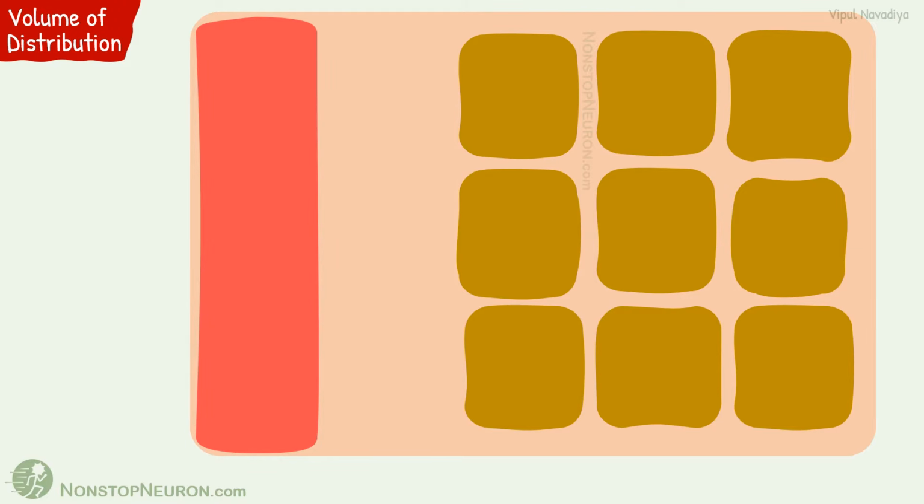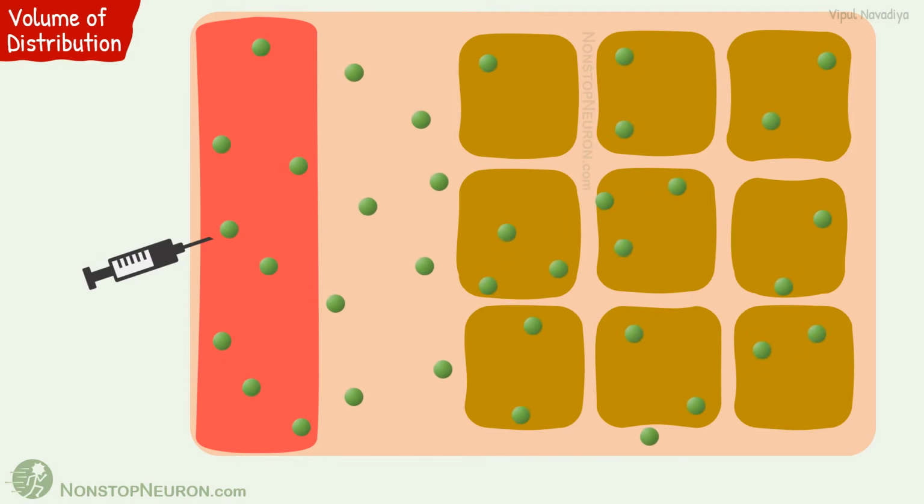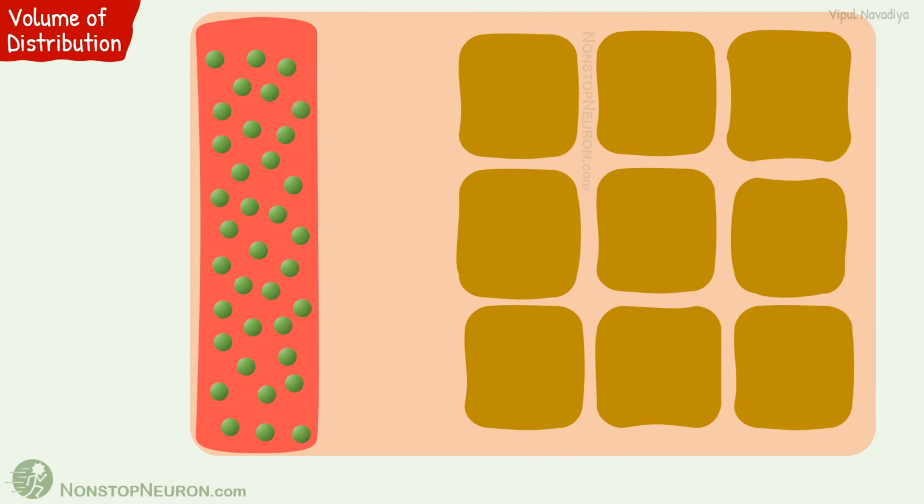Coming to the distribution of the drug. When we give a drug, it spreads to various body areas. Different drugs spread to different extents. If a drug largely stays in the vascular compartment, we can say it's distributed in 4 liters of space. In this case, its concentration in plasma would be high.